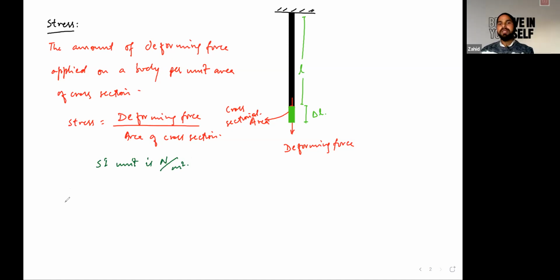Similarly, if you have to calculate the amount of deformation produced in it, we can define another physical quantity that is called strain. Strain simply defines the amount of deformation in a wire or a body per unit of its original shape. So it is nothing but the ratio of the deformed shape to the original shape.